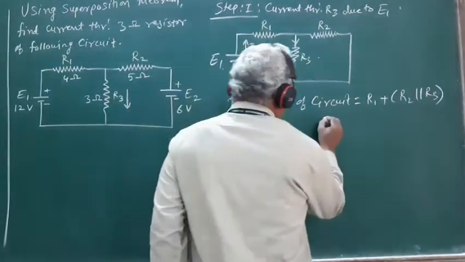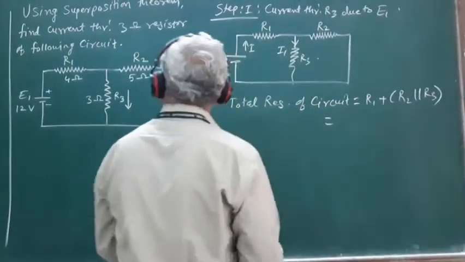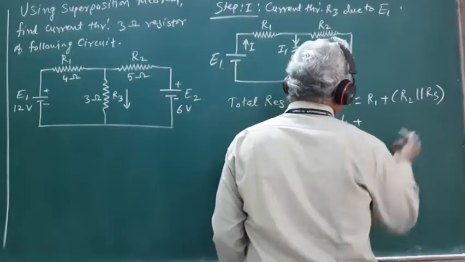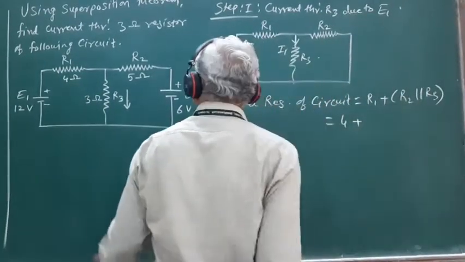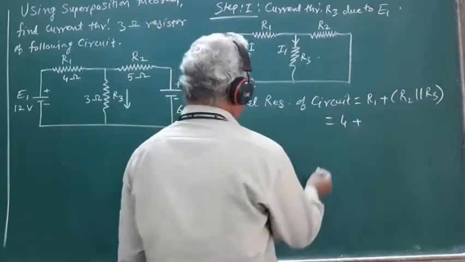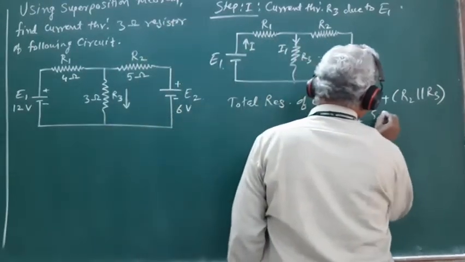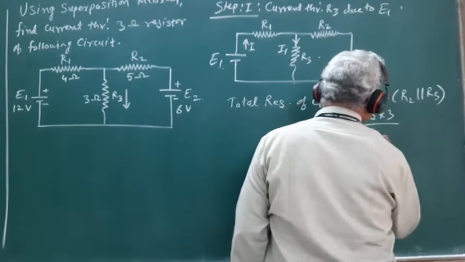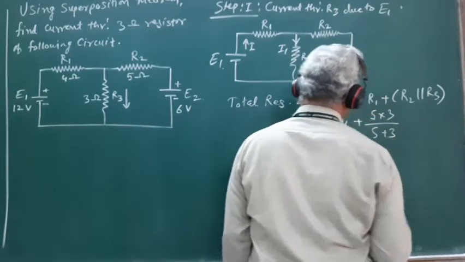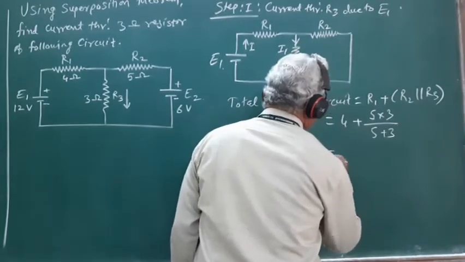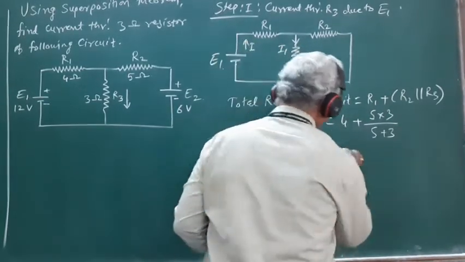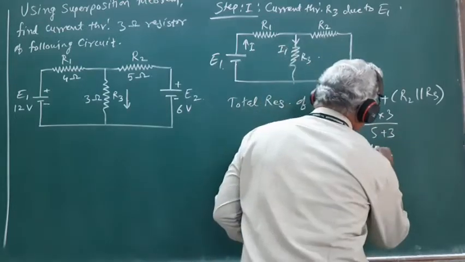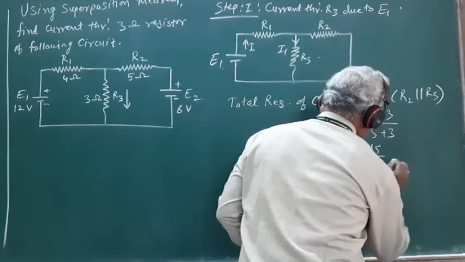So this total resistance of the circuit works out to be R1, which is 4 ohm, plus the equivalent resistance of the parallel combination of R2 and R3, which is 5 into 3 divided by 5 plus 3. So this works out to be equal to 4 plus 15 upon 8.